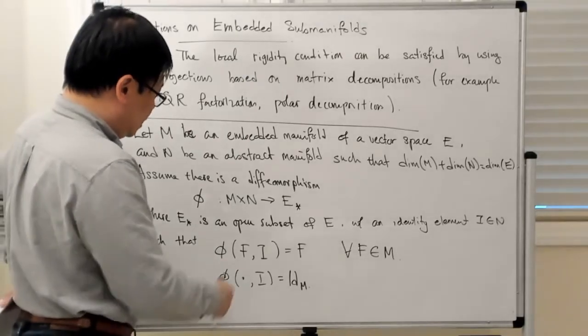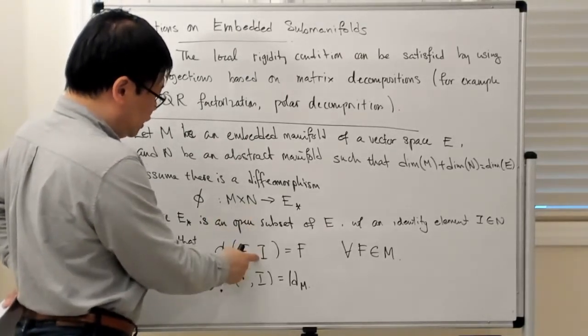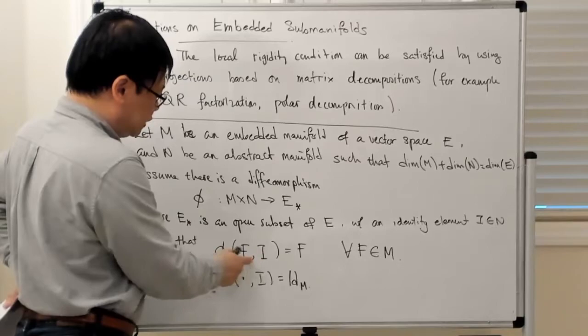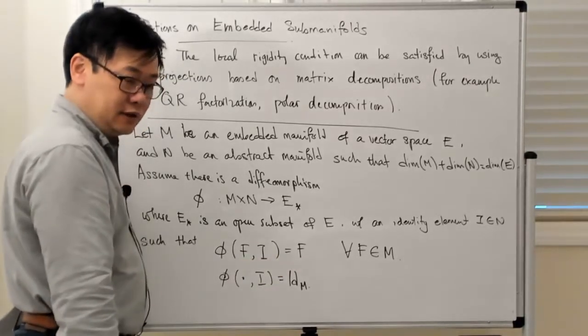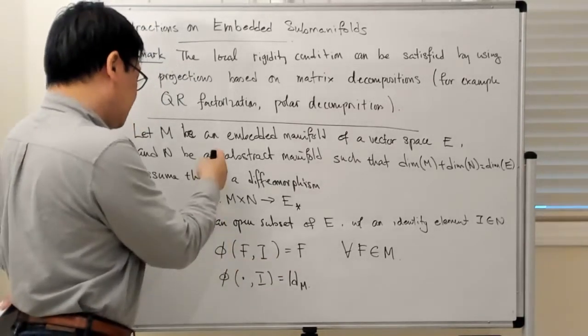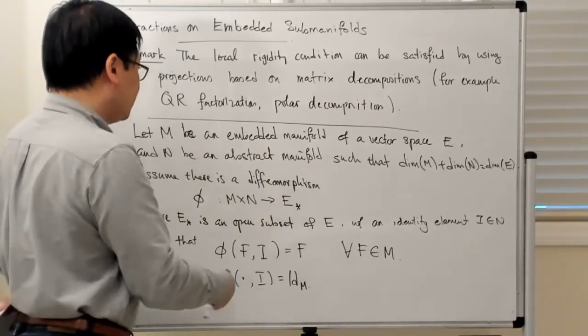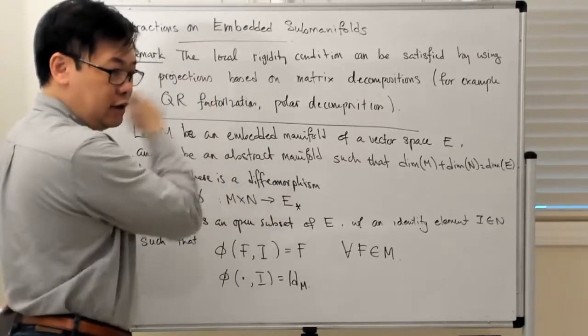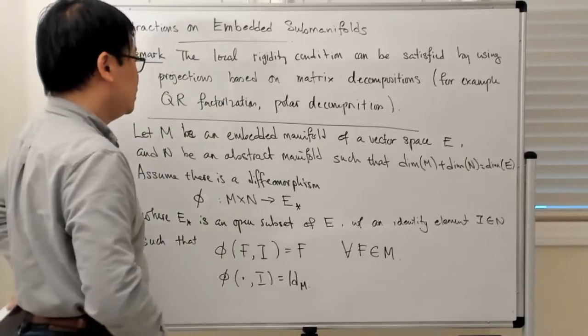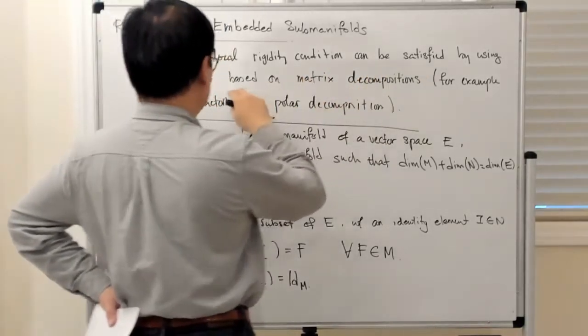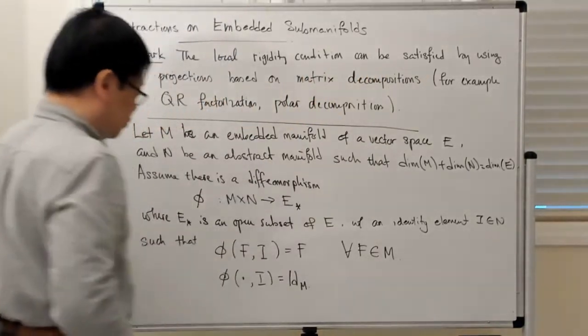And if the second factor is the identity, then obviously F times I is just F itself. So that's how this more abstract framework relates to what I alluded to earlier, about these projections being based on matrix decompositions.